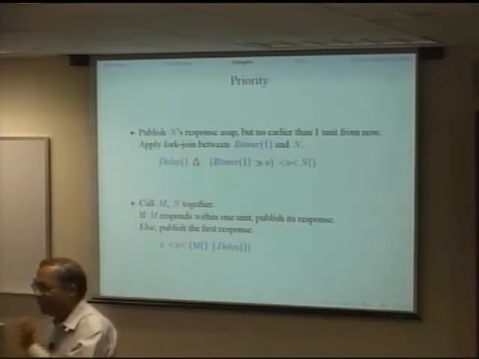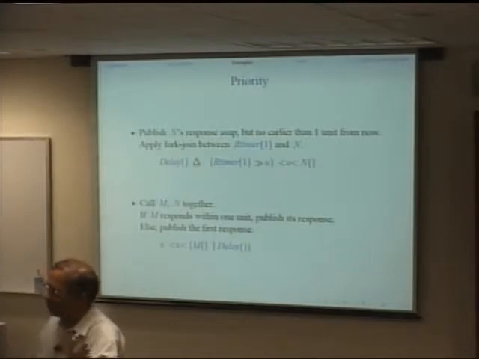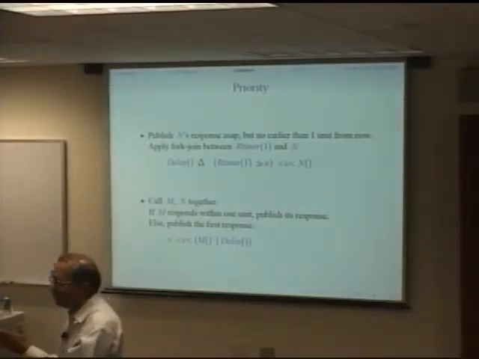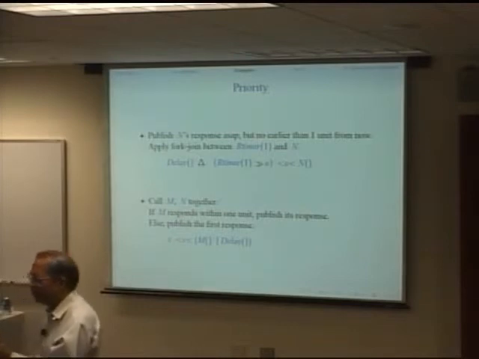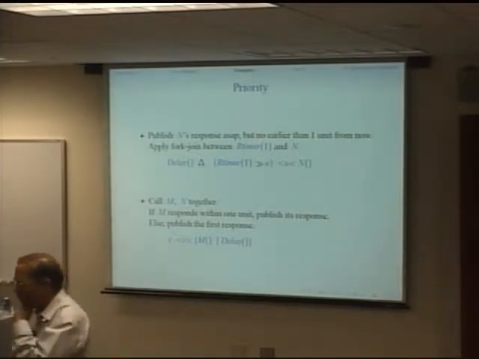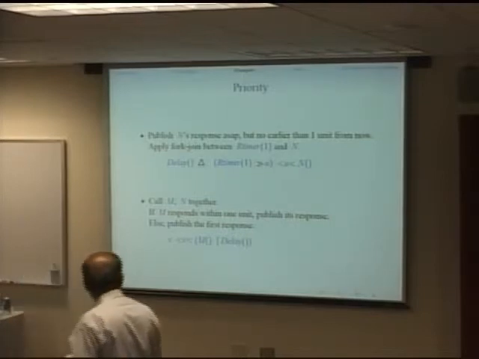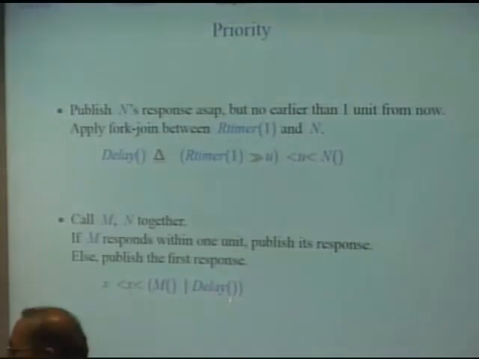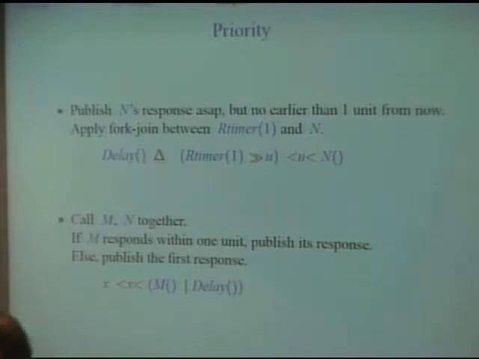Within 10 minutes, if American responds, I'll take its response, irrespective of when Delta responded, before or after. But I have a limited patience. After 10 minutes, if American has not responded, then whoever responds first, I'll take it. And as you can see, that's very easily done. Just run M and run delay simultaneously, and publish whichever comes first.